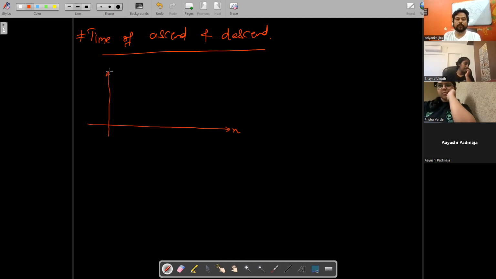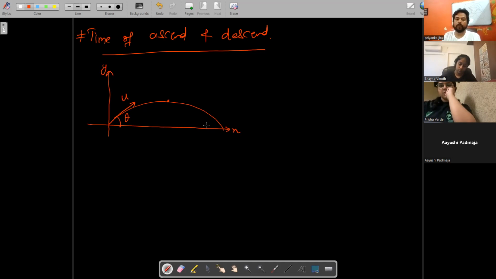See, this is x-axis, this is y-axis. Suppose you throw a ball from here with some initial speed of projection at some angle theta with the horizontal. It will follow this path. It will keep going up, going up, going up, and at a certain point it will reach the maximum point.